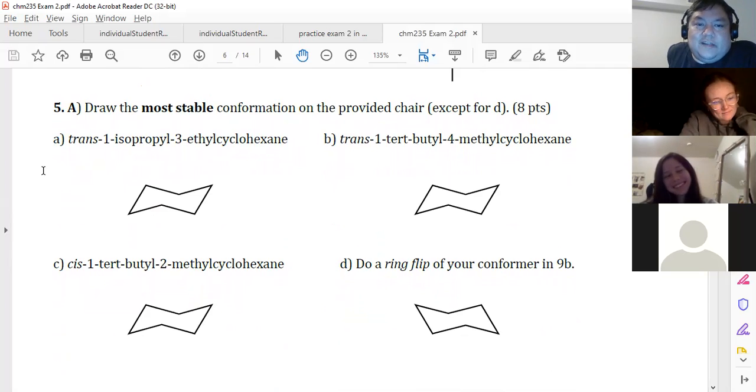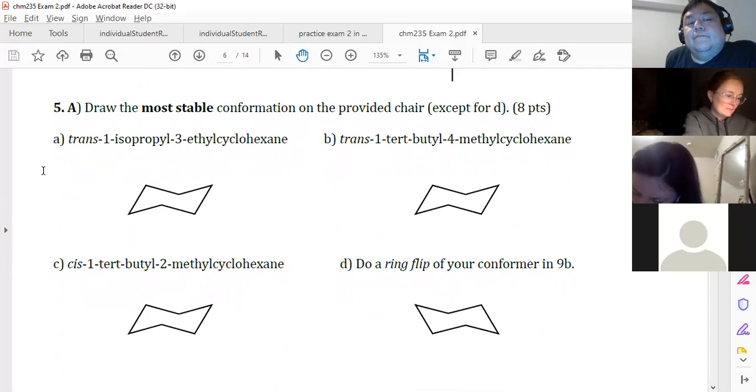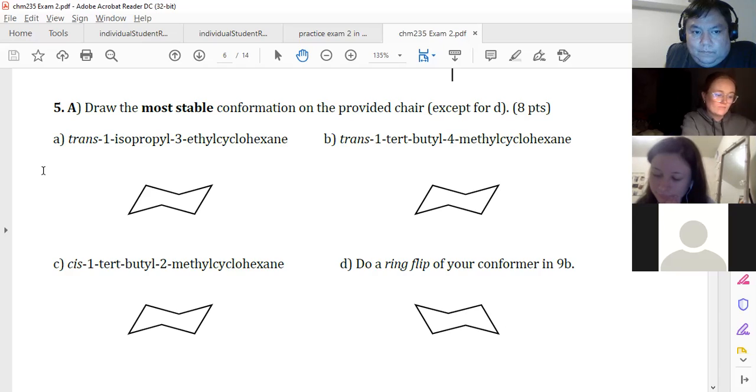Okay, draw the most stable conformation on the provided chair except for D. Okay, so A, it wants us to do trans 1,3 isopropyl ethyl cyclohexane. So which of those is bigger? The ethyl cyclohexane, right? Yeah. So we want that to be in which conformation? Equatorial, right?